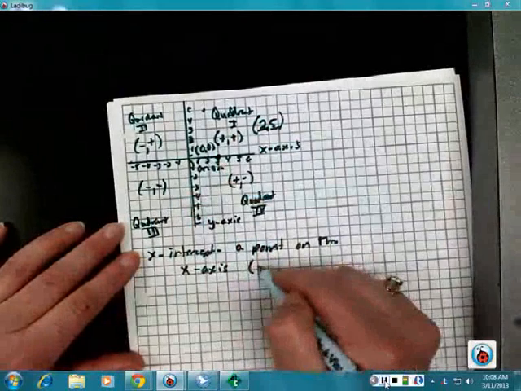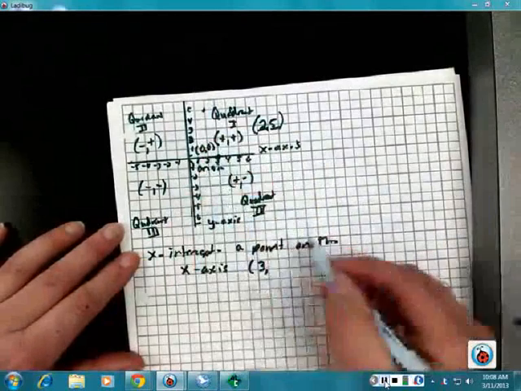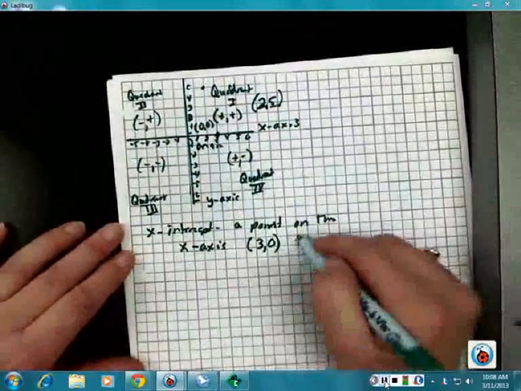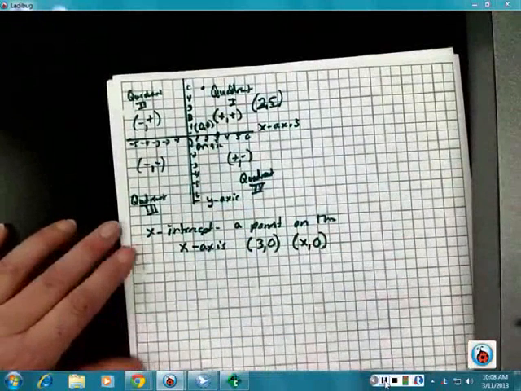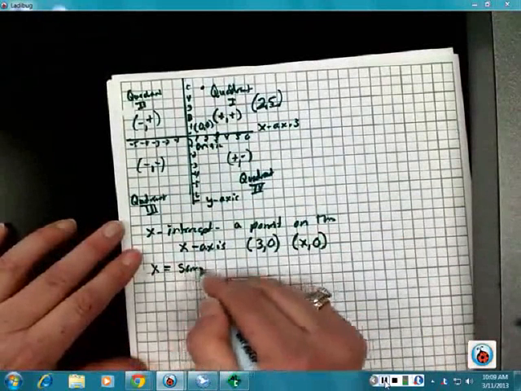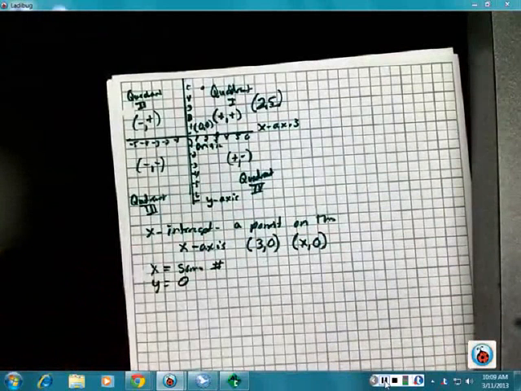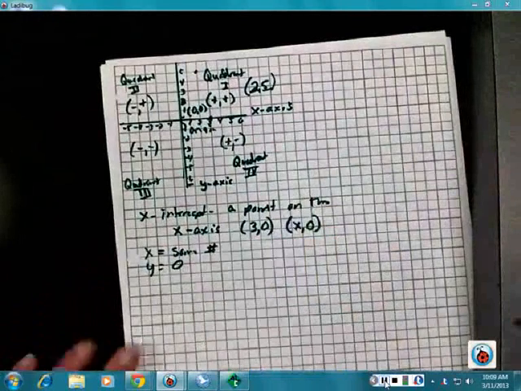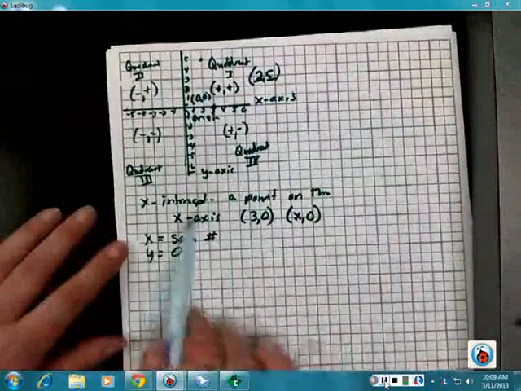Well, it tells me that x is 3, but where have I moved? I haven't moved anywhere, so y is 0. Okay? Every x-intercept will have an x value, but y will always be 0. So x will be some number, but y is always going to be 0. It will never change. And we'll get into more of that in 4.2 when we use the intercepts to do our graphing and coming up with what those values are.